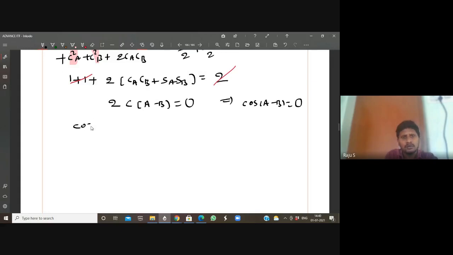Cos of A minus B should be equal to 0, so what is the A minus B value here?